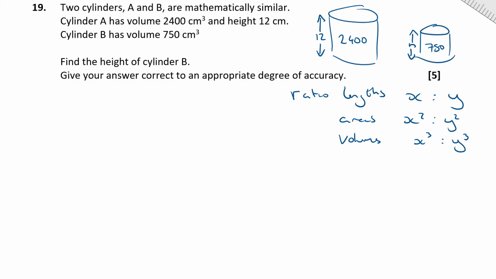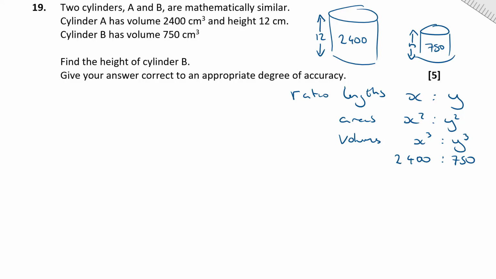We know the ratio of their volumes because we've got 2,400 and 750. So if we cube root both those numbers, we should be able to find the ratio of their lengths.